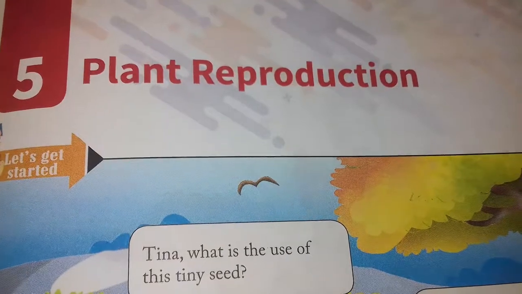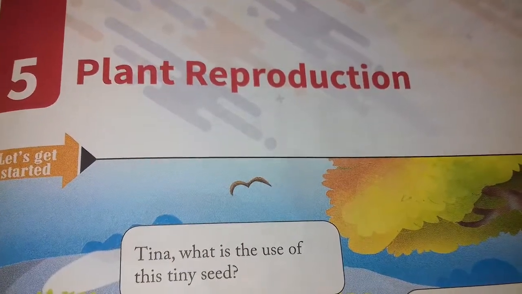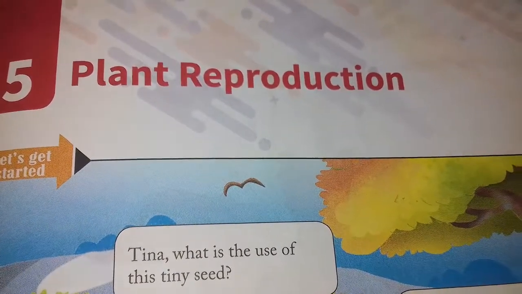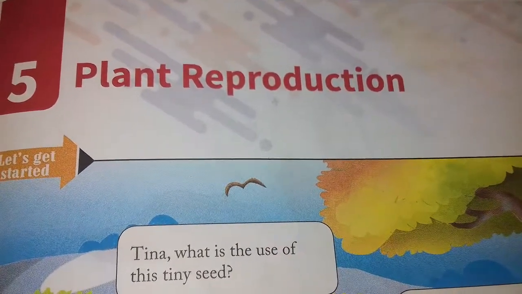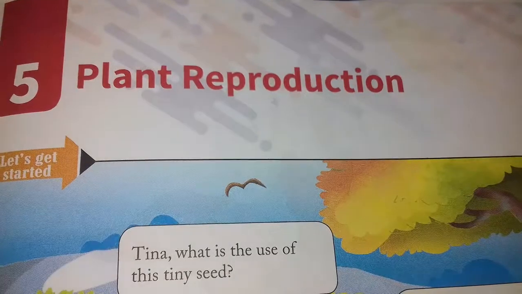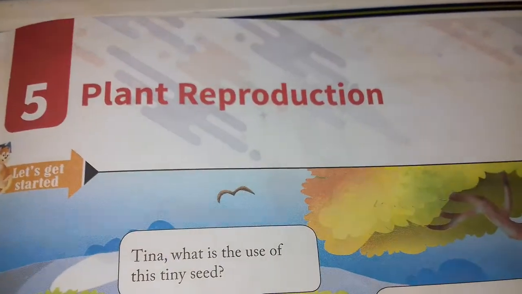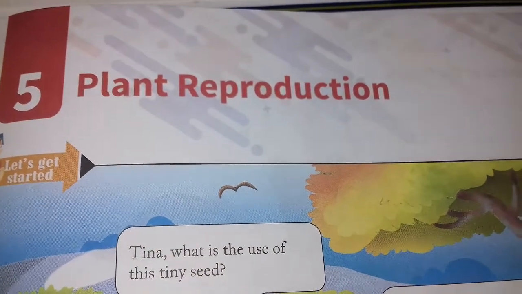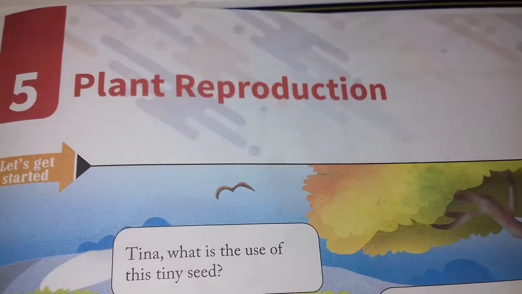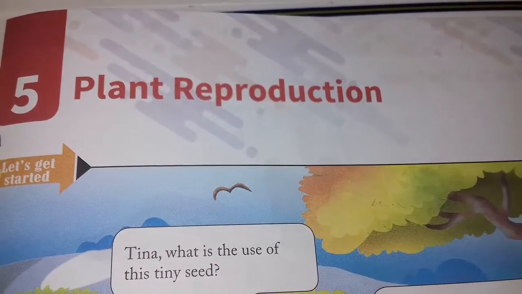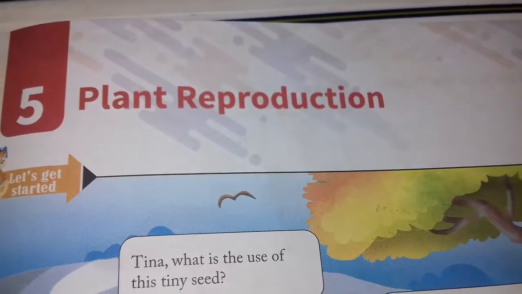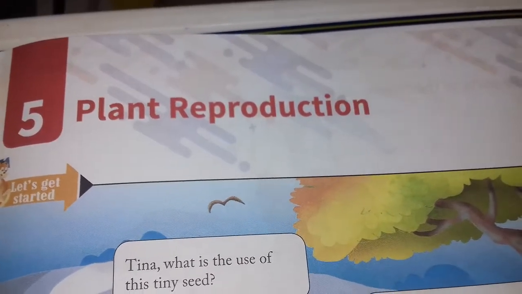What is an embryo? Can you remember? Yes, the embryo is the baby plant. And when you remove the seed coat, you can notice two seed leaves. Usually, two seed leaves are there. These are called cotyledons. And some seeds have only one cotyledon, one seed leaf.